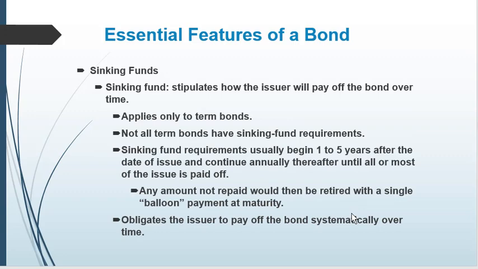Most bonds have a sinking fund, and a sinking fund basically stipulates how the company has to pay off its debt over time. Again, this typically only applies to term bonds, maybe a 30-year straight type of bond, and this sinking fund is typically attached to companies that may have some financial issues.